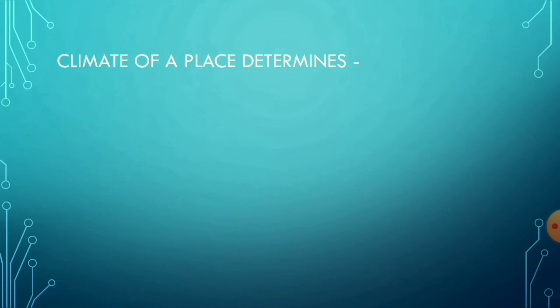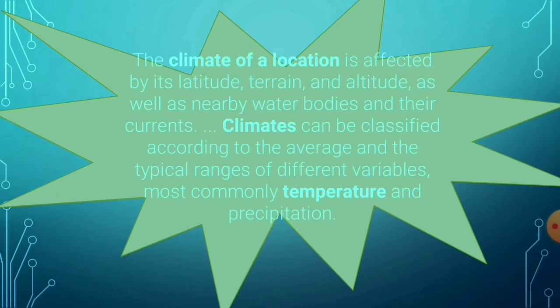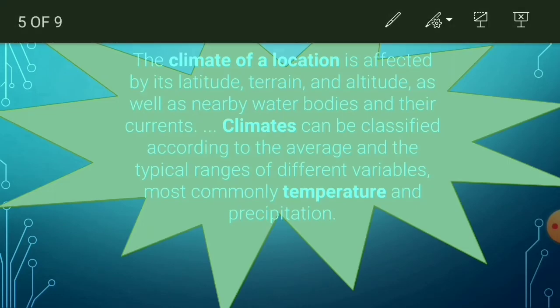Friends, now let's learn how the climate of a place is determined. The climate of a location is affected by its latitude, terrain, and altitude, as well as nearby water bodies and their currents. Climates can be classified according to the average and the typical ranges of different variables, most commonly temperature and precipitation.